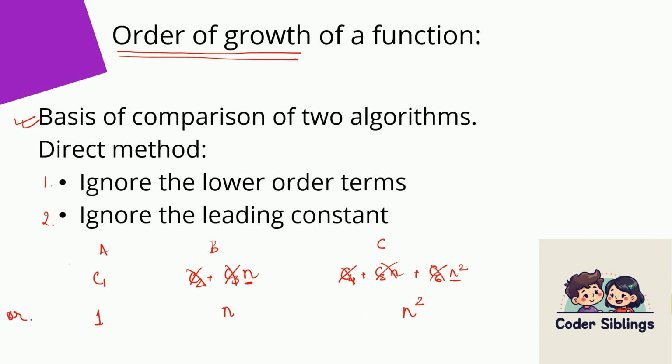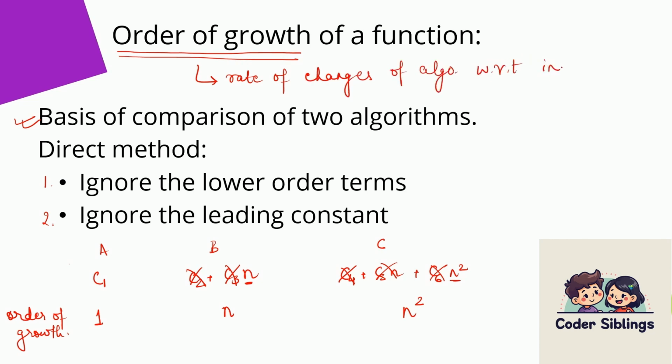So this is what order of growth is. Order of growth is simply the rate of change of an algorithm with respect to the input, right? So this is our direct method which we usually follow.